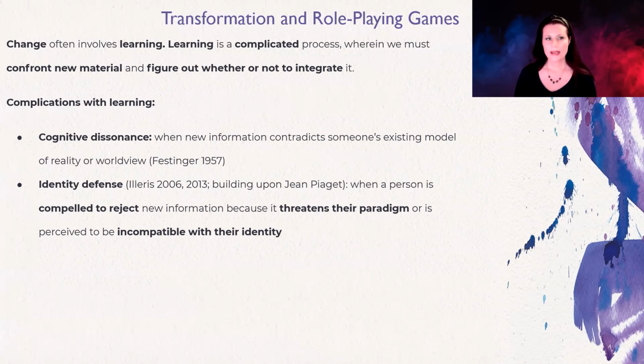And what can arise is this identity defense, as it's called. Remember, we've been talking about exploring identity. If a person is compelled to reject new information, it might be because it threatens their paradigm in some way, or it's perceived to be incompatible with their identity, meaning their sense of self.